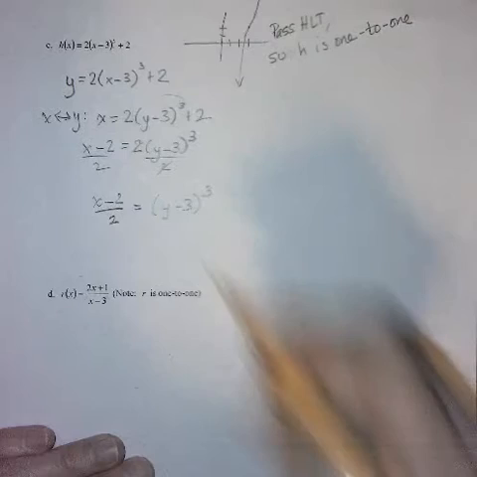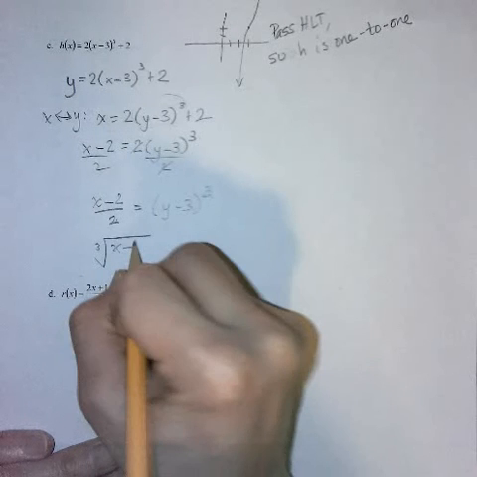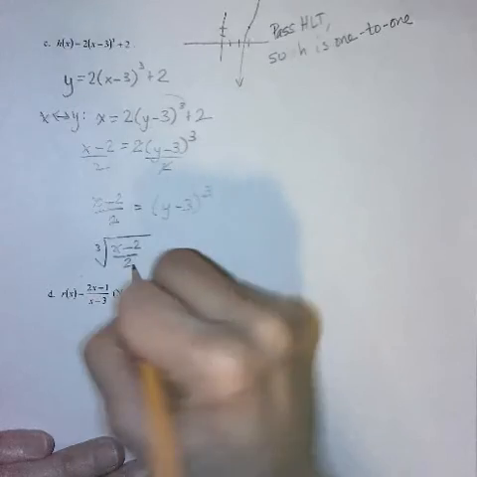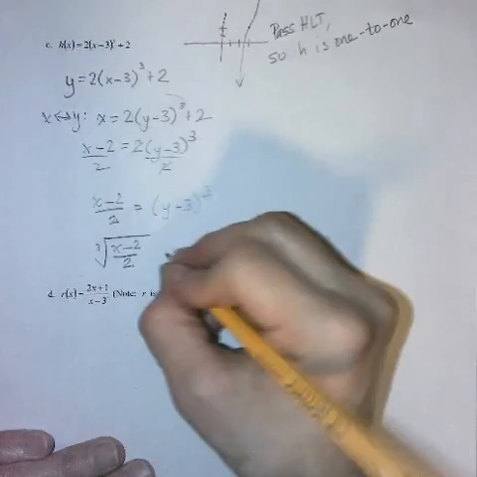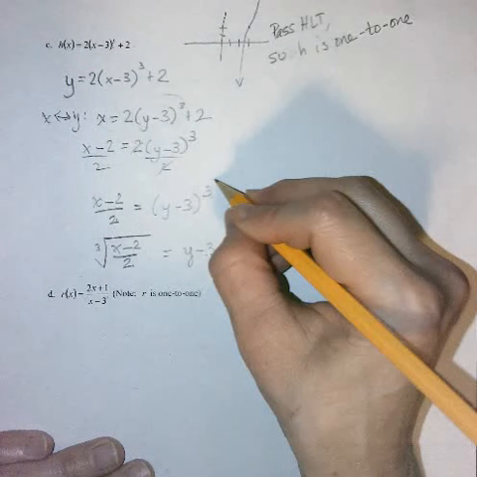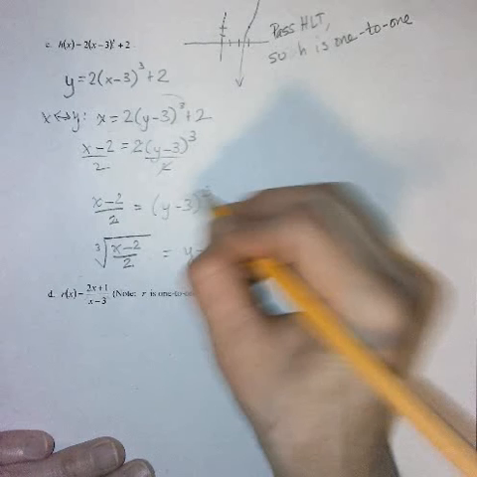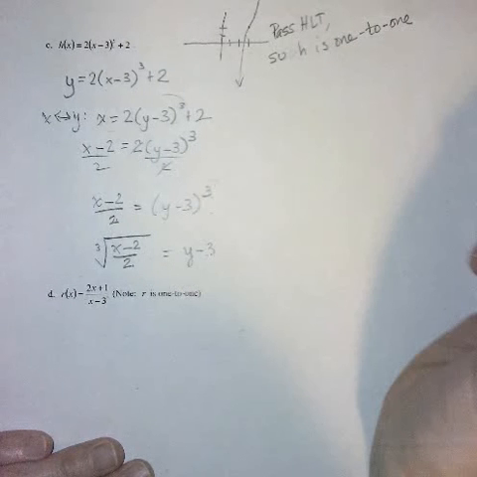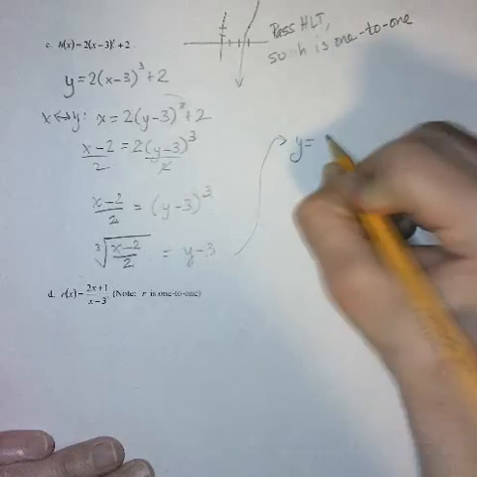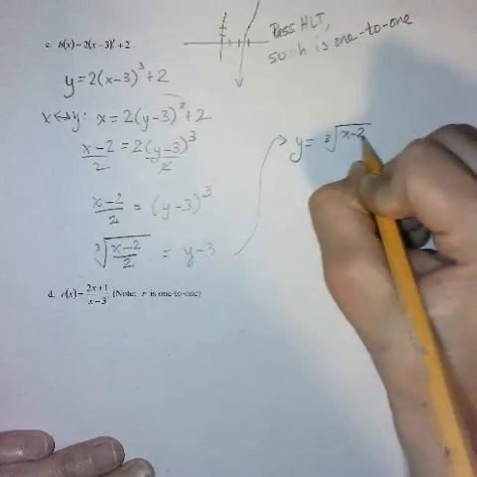The cube root of (x minus 2) over 2 is equal to y minus 3. Right, so this is cubing, so the inverse would be the cube root of both sides. And now add 3 to both sides. So y equals the cube root of (x minus 2) over 2, plus 3.